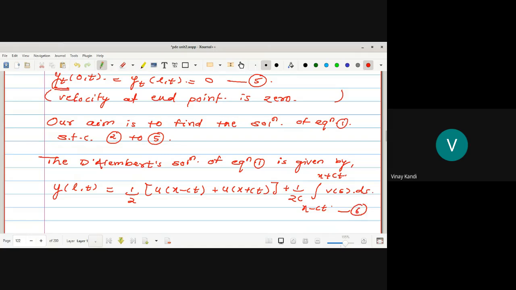Give it as equation number 6. So this is the D'Alembert solution of equation 1.